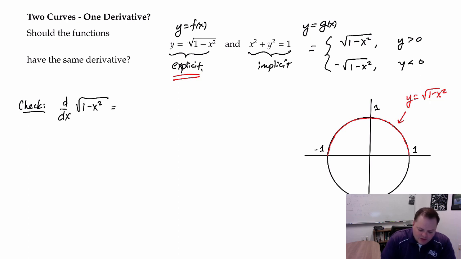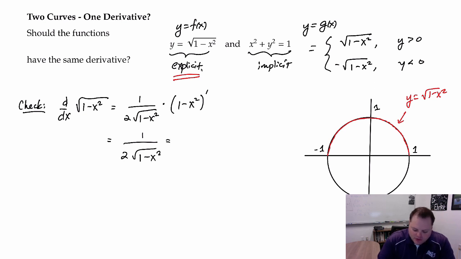If we take the derivative of this curve, you know the derivative of a square root is 1 over 2 times the square root. But then because of the chain rule, you have to multiply by the inner derivative. The inner derivative here is negative 2x.